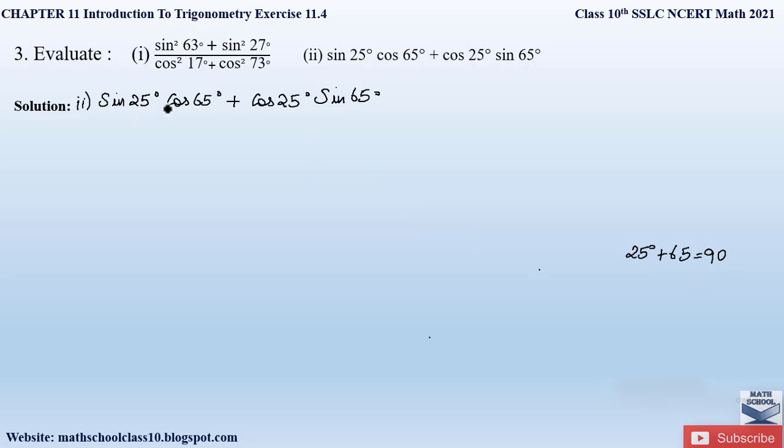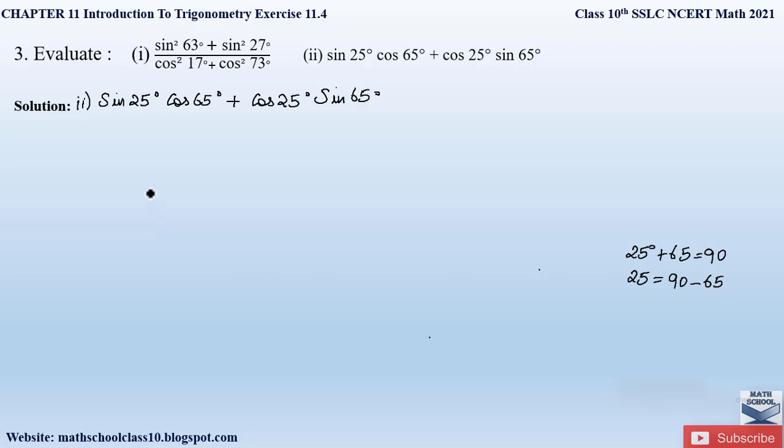So again here we will apply the complementary angles by changing the angle for any one of the ratio, that is we will change either for sine or cos. Similarly here we will change either for cos or sine. So let us change the value for sine 25 degree. So 25 degree value can be found out by sending the 65 to right hand side. So this will be 90 minus 65 degree.